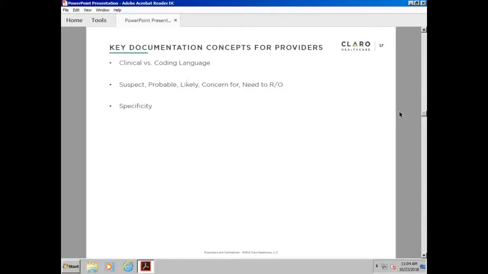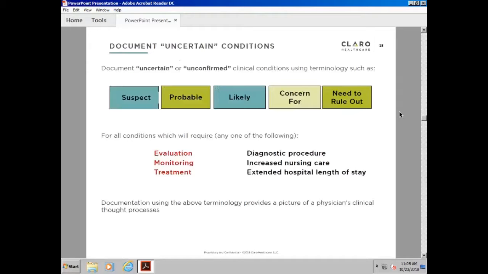Because when the patient's sicker, you're going to have to work them up longer when they have all of this differential. It could be based on the lab, the abnormal lab, the patient's past medical history. And then specificity, that acuity of those conditions are very important. So suspect, probable, likely, concern for, need to rule out. These are definitely terms that we need to use.